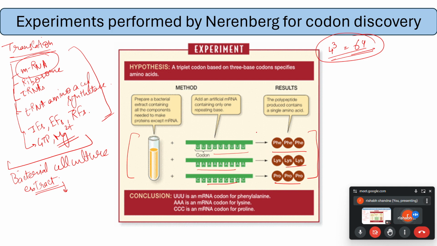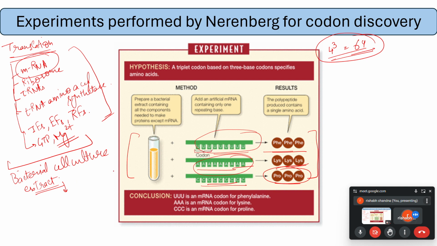For example, this mRNA coded only for polyphenylalanine, this mRNA with poly A coded for polylysine, and here it coded for polyproline.